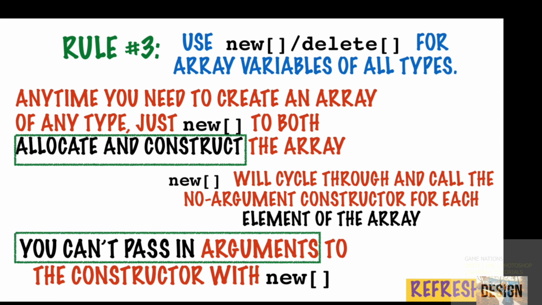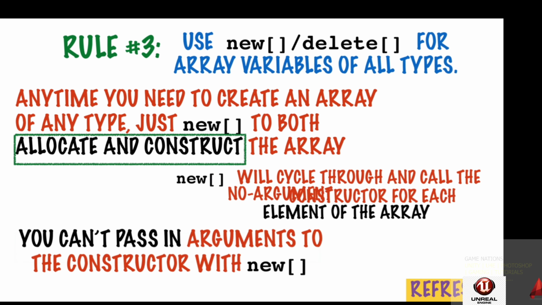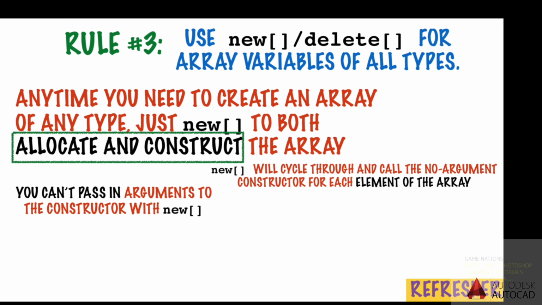Anytime you need to create an array of any type, we use new with square brackets, and this will not only allocate memory for the array but also construct the individual objects in the array. New with square brackets will actually cycle through every element and call the constructor for every element in the array. Using new with square brackets only calls the default no argument constructor.